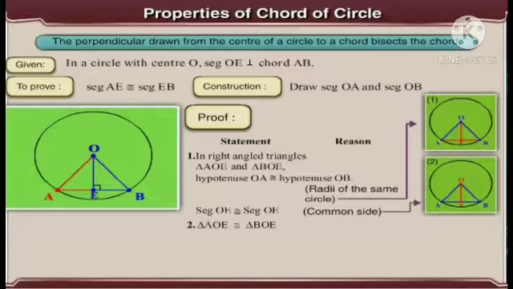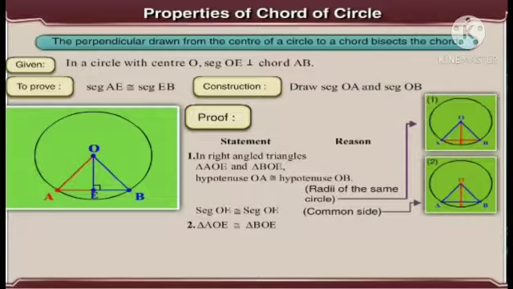Let's see the proof. Now, in right angle triangle OAE and triangle BOE, hypotenuse OA is congruent to OB, since they are the radii of the same circle, segment OE congruent to segment OE, common side.